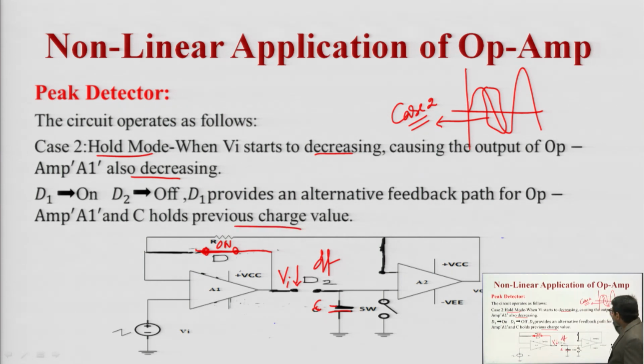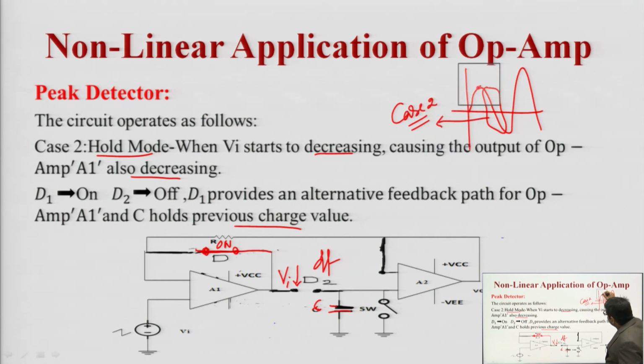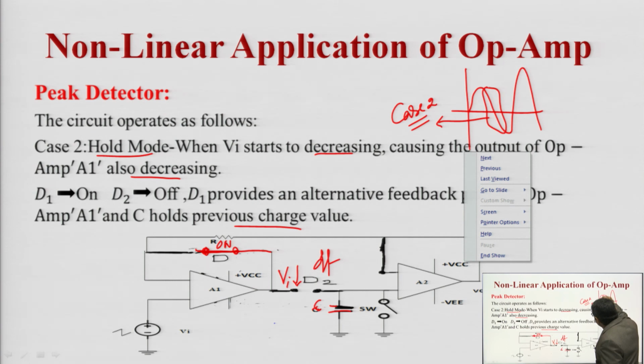If we suppose that in track mode the peak value is 5 volts, then capacitor C holds the 5 volts. The output curve looks like this: it tracks during track, and during the hold it will be constant at 5 volts.